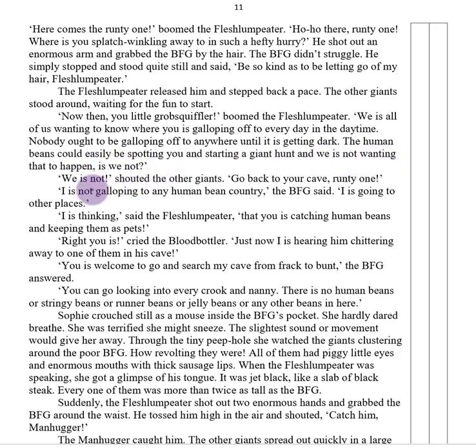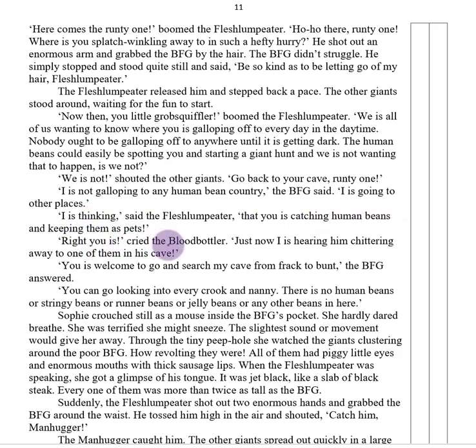Is we not? We is not," shouted the other giants. "Go back to your cave, runty one." "I is not galloping to any human being country," the BFG said. "I is going to other places." "I is thinking," says the flesh lump eater, "that you is catching human beings and keeping them as pets."